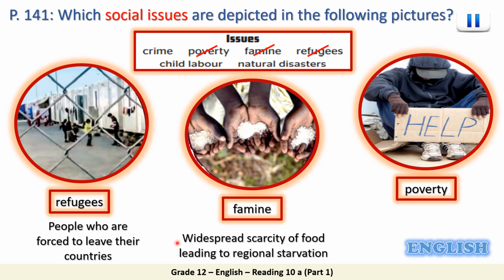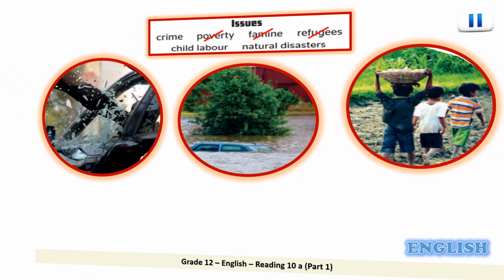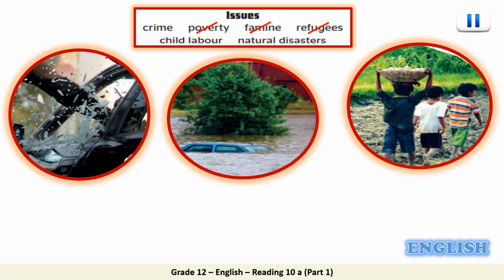The famine is a widespread scarcity of food leading to regional starvation. Poverty is the state of being very poor. Go on with these 3 pictures.